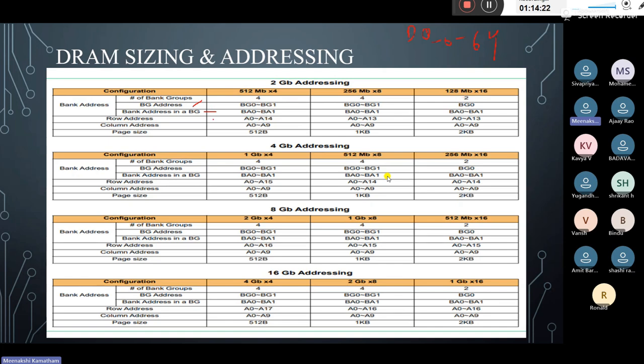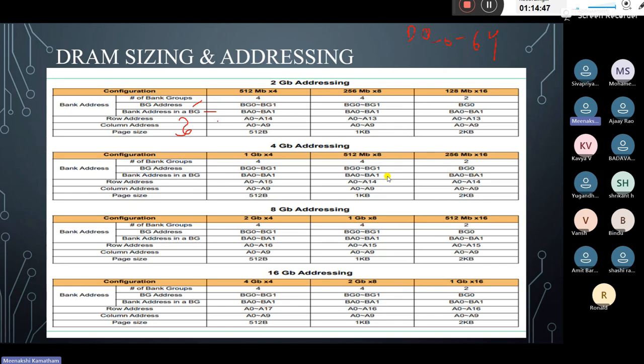Coming to the row address and column address. See here, the column address is always constant: A0 to A9, the same in all cases, whether it is the x4, x8, or x16 configuration, and whether it is 2 GB, 4 GB, 8 GB, or 16 GB.